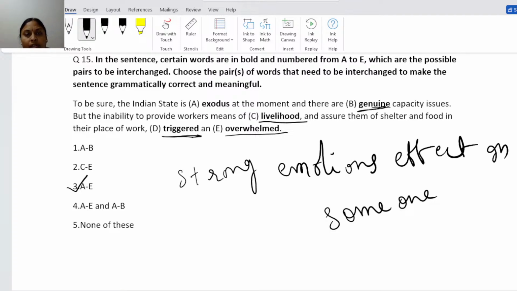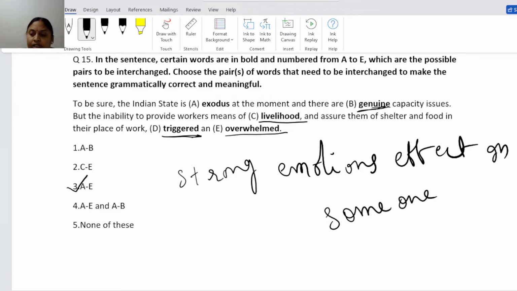Overwhelmed at the moment, and there are genuine capacity issues, but the inability to provide workers means of livelihood and assure them of shelter and food in their place of work triggered an exodus. So here, what is the meaning of exodus?